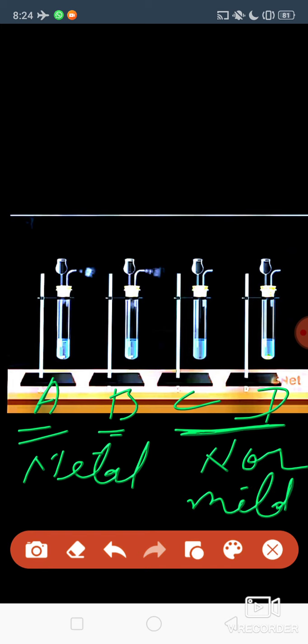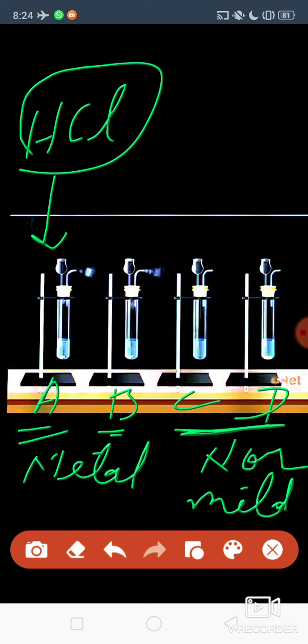Now what we are doing, we are adding dilute hydrochloric acid, HCl. Dilute means less intense acid, and concentrated means very intense. I have already discussed dilute and concentrated in class.